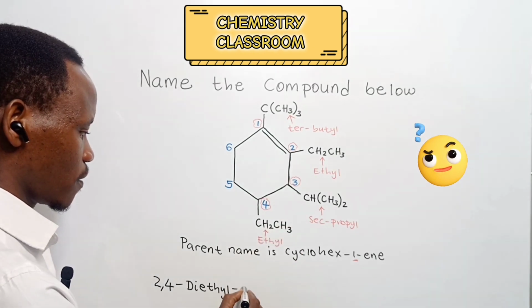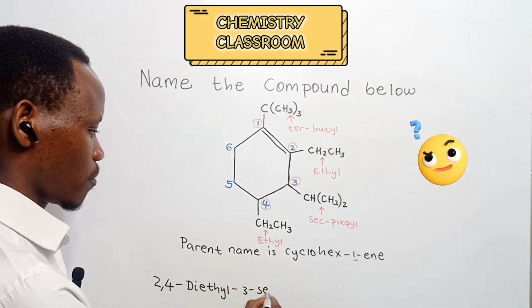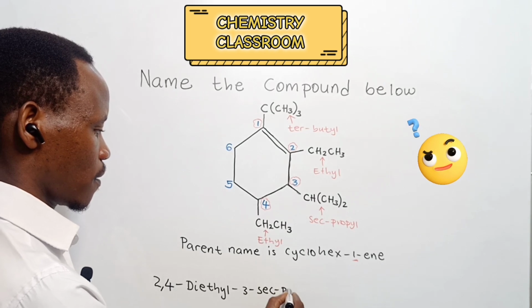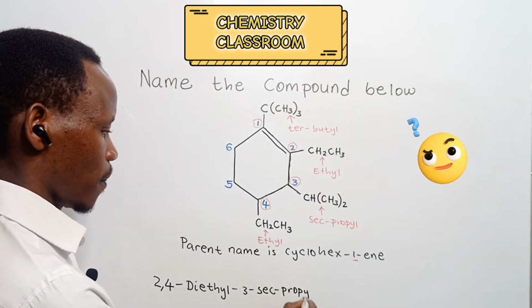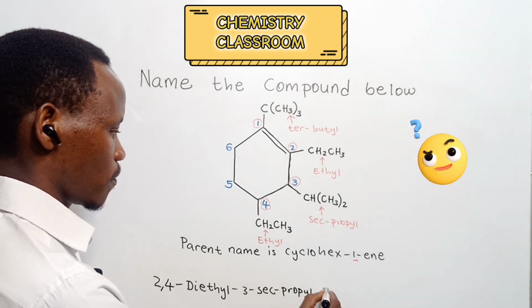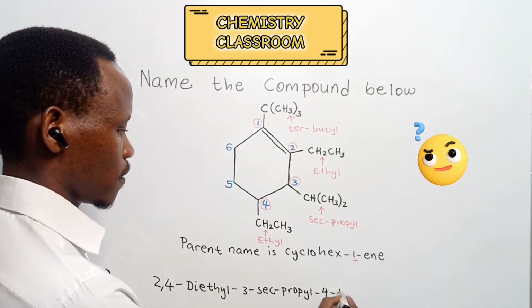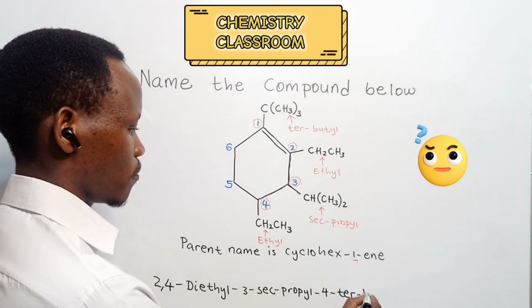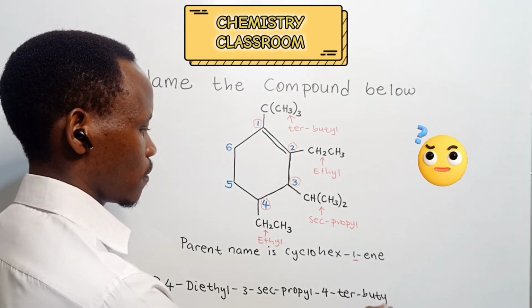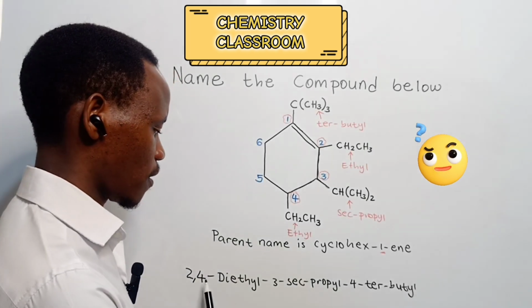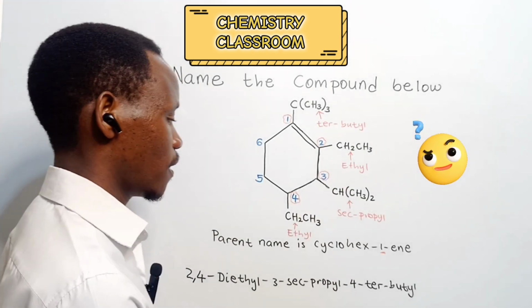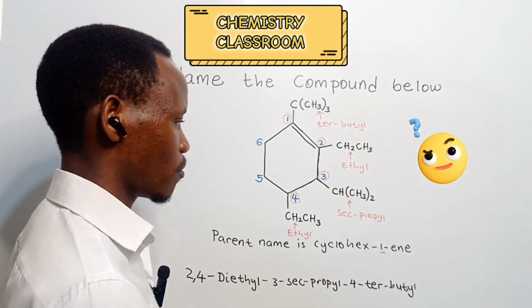So what follows is secondary propyl. And finally, on position 4, we do have our tertiary butyl group. At this point, we have written down all the 4 substituents in their respective alphabetical order.